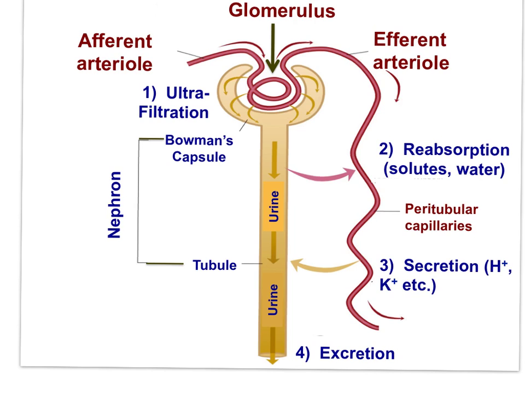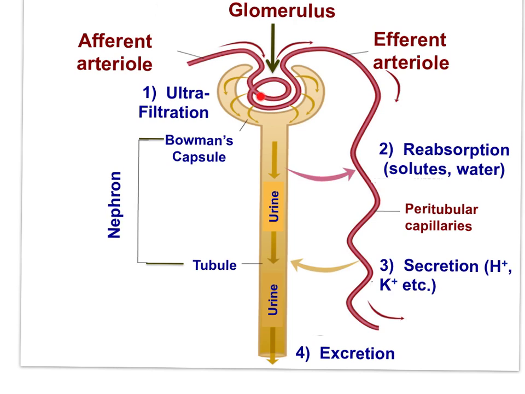Pay close attention. Blood enters the kidney, branching into numerous arterioles that become a ball of capillaries known as a glomerulus. The glomerulus is surrounded by a capsule known as Bowman's capsule. Bowman's capsule is the beginning of the renal tubule and the formation of urine.